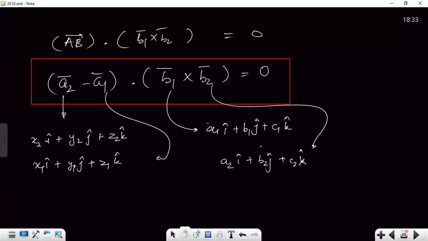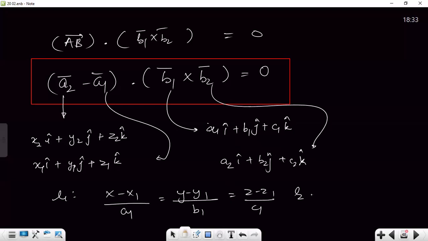If the line is given in Cartesian form, line 1 will be (x minus x1) upon a1, (y minus y1) upon b1, (z minus z1) upon c1. Line 2 will be (x minus x2) upon a2, (y minus y2) upon b2, (z minus z2) upon c2. This is the Cartesian equation of line 2. So if we are discussing the Cartesian equation of a line, let's also discuss the Cartesian equation of the plane.